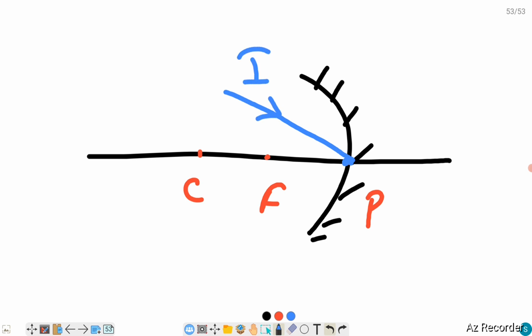This is the incident ray. Now where is the normal? The normal is the principal axis itself or the radius itself. This is the normal because this is the line which is passing through the center, correct? Now where will the reflected ray be? It should be on the other side of the normal. So one side you have the incident ray, and here on the other side you will have the reflected ray. This is R. Understood? Here the reflected ray will be on the other side of the principal axis. Understood? So this is the fourth ray rule.